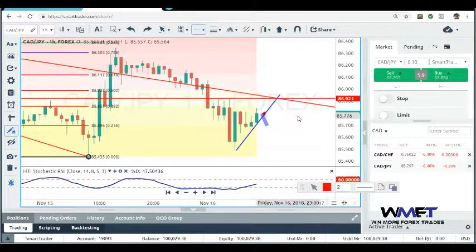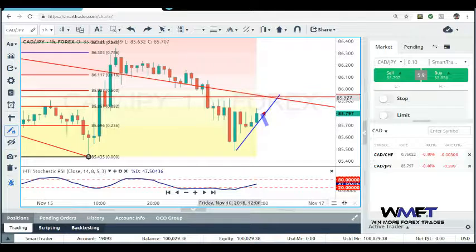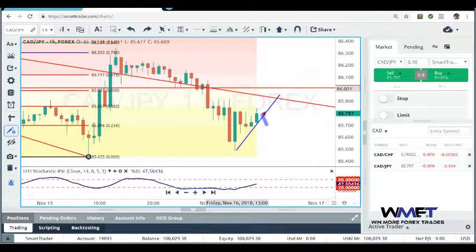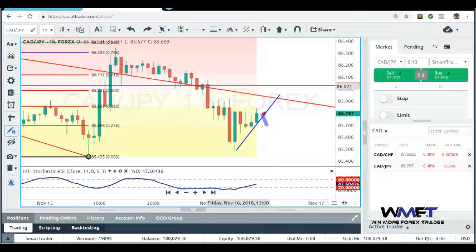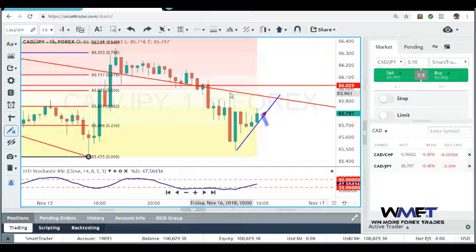That would be 10 pips above there, that's 85.92, that would be 86.02. So we go to 86.02. All right. Stops 10 pips above the highest point of when the market breaks this counter trend line.